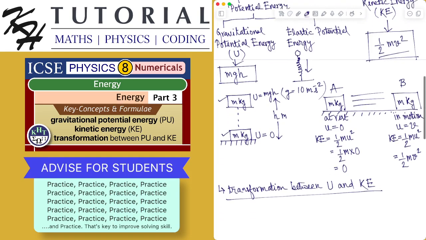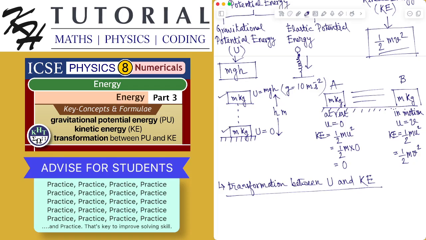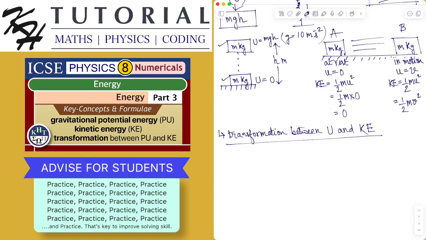So the transformation of energy from gravitational potential energy to kinetic energy and vice versa is very typical in real life scenarios. So let's try to understand how gravitational potential energy gets converted to kinetic energy and vice versa.